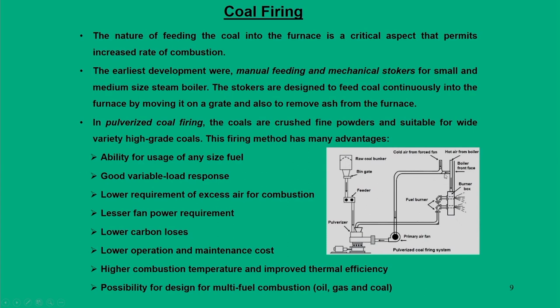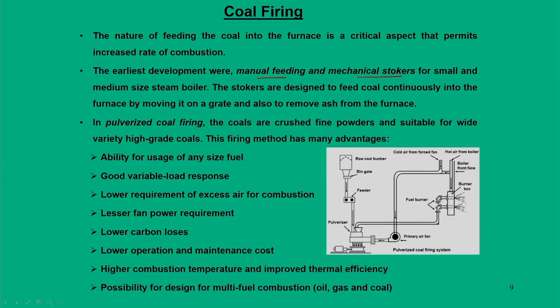So, this is the best possible way of efficient utilization of coal in pulverized form. But if you look at the history, it starts with manual feeding, then the mechanical stoker.